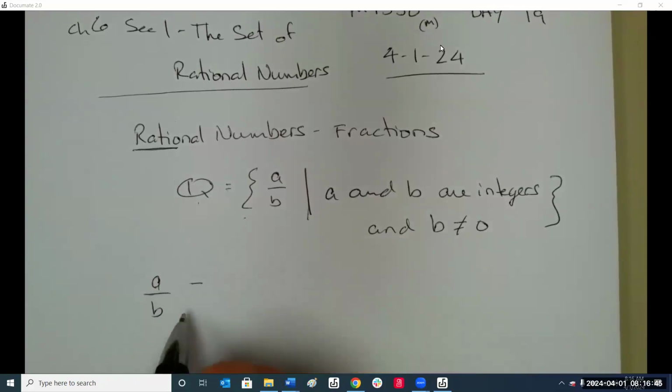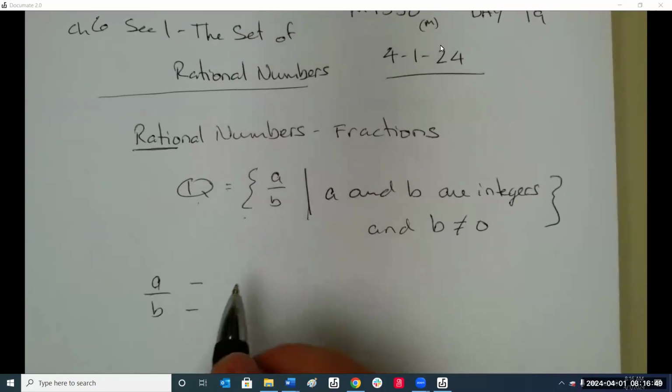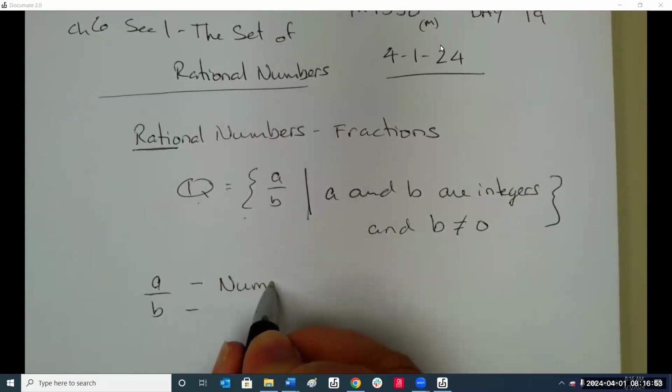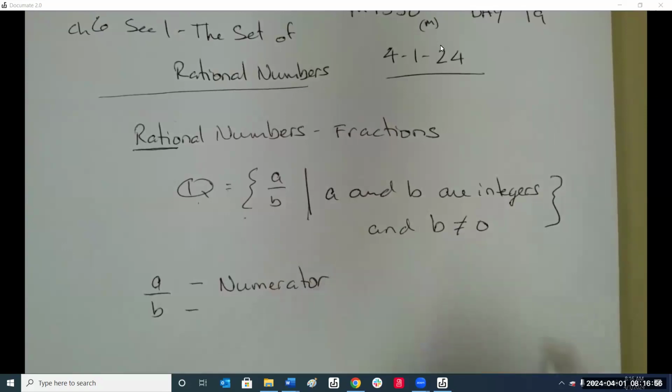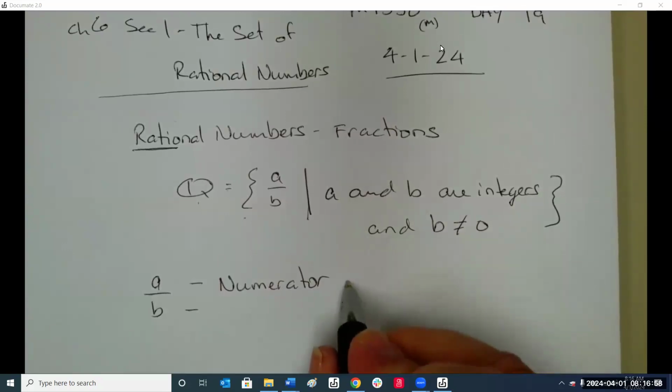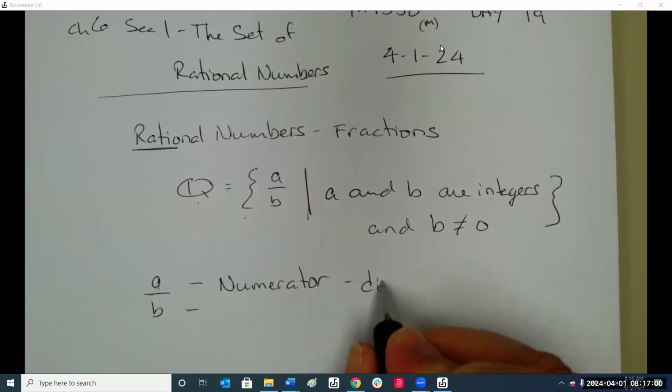A is called the what? It's called the numerator. It's also the dividend.